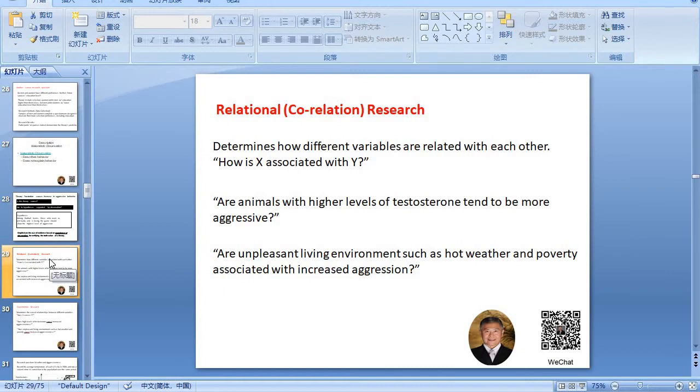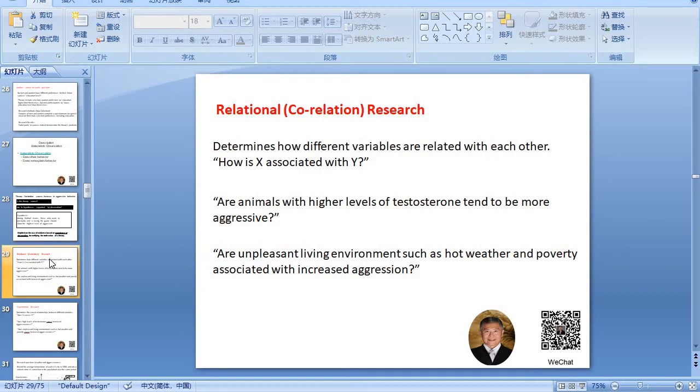We covered 3 types of descriptive research: case studies, survey research, and naturalistic observations. Next, we're going to talk about correlation research or relational research. Correlation research and experimental research are very widely used in psychology.